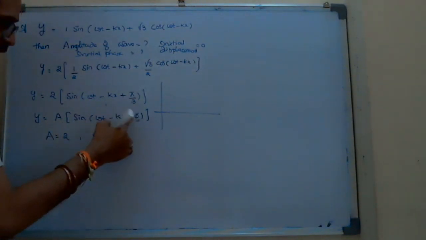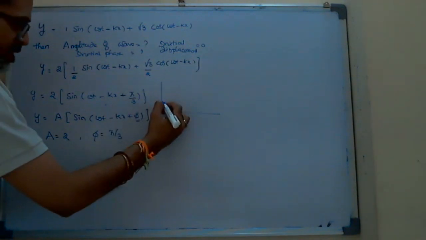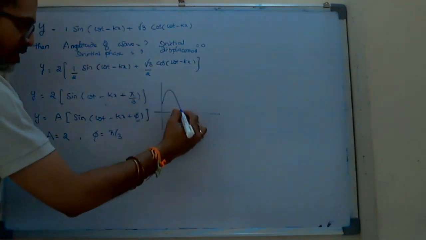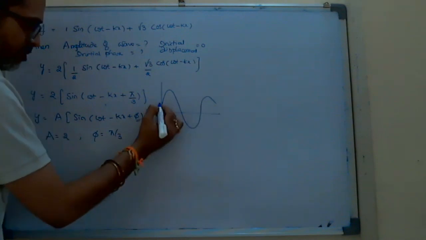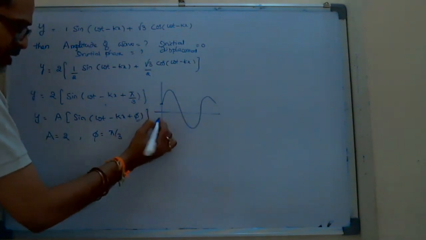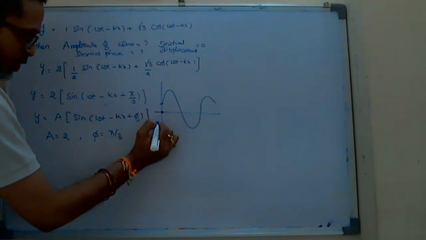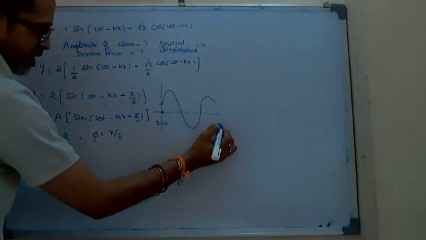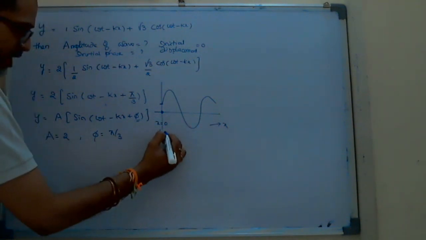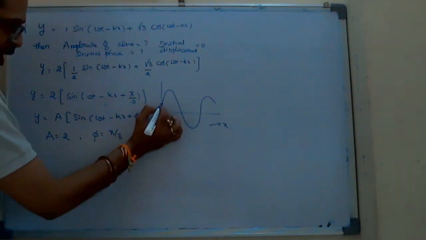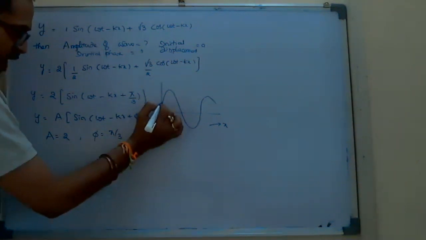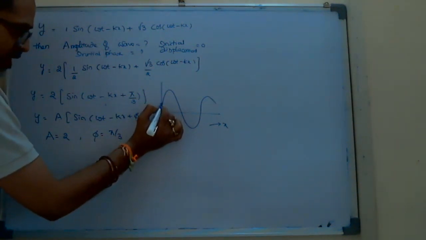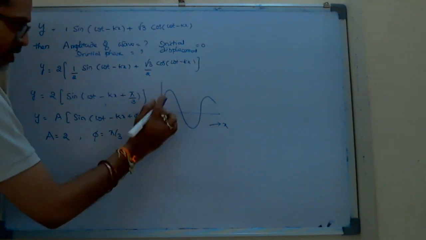Additionally, some phi is there, plus phi. Plus phi means the wave might have started like this, not from the origin. Started from somewhere here. So at x is equals to 0, this is the x-axis. X is equals to 0, and at time t is equals to 0, the displacement of the wave is not equal to 0. It is not started from the origin. It is started from this point.